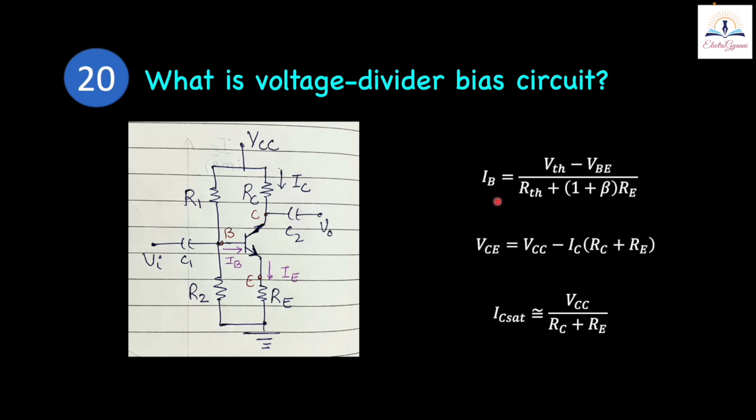Now here the base current is given by the Thevenin's voltage minus VBE, where the Thevenin's voltage is found at this point, upon the Thevenin's resistance plus (1 plus beta) RE, while the collector emitter voltage will remain the same. This side is not changed, as we have seen already in the emitter stabilized bias circuit. So that part is the same, and the IC saturation will remain the same.